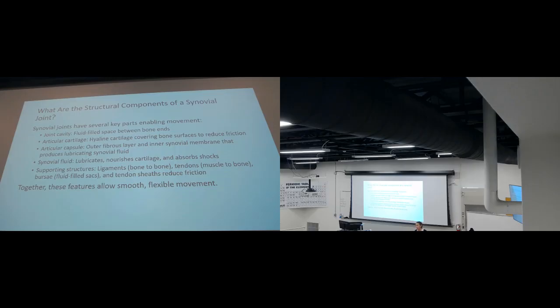It's only one layer, and these cells are the synoviocytes. These cells can be attacked by the immune system, and then these cells get destroyed. You don't have production of this fluid, and then that's how you end up with rheumatoid arthritis. Because you lose the fluid, then the bones getting closer to each other, and then they erode.